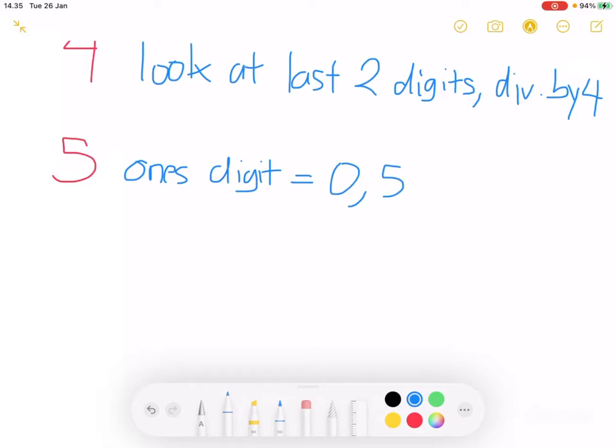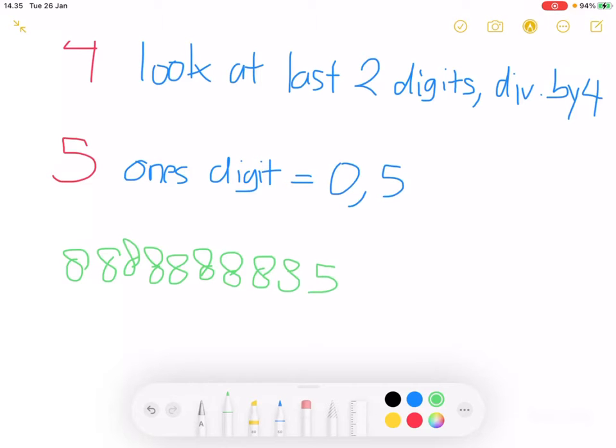Those are the only two options. Let's do an example: we have 8, 8, 8, 8, 8, 8, 8, and so on, and then it ends with a 5. You can tell this is divisible by 5 because the ones digit is 5, which satisfies this criteria.